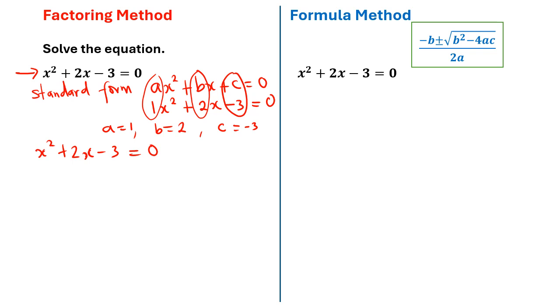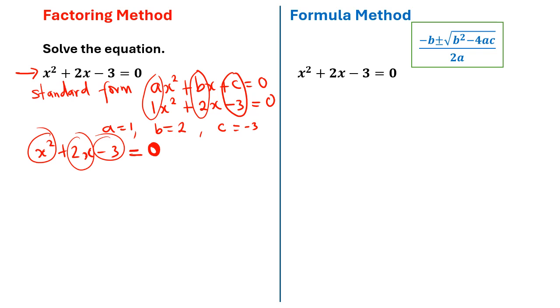There are 3 terms here: the first term, the second term, and the third term, which are x squared, positive 2x, and negative 3. And then you want to make sure that you have 0 on the right hand side. Sometimes it may not be in standard form, and you have to rearrange it to get 0 on the right hand side.